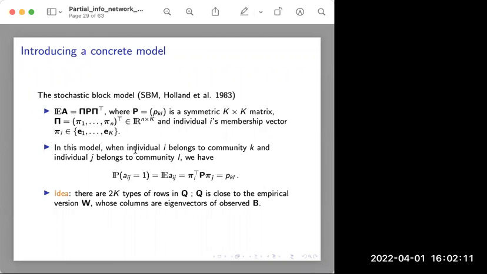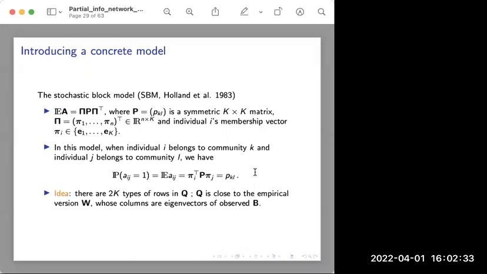So in this model, if you have individual i belonging to community k and individual j belonging to community l, then the probability of an edge between i and j is the kl entry from the K by K connectivity matrix P. Right? So it's exactly equal to P_kl.